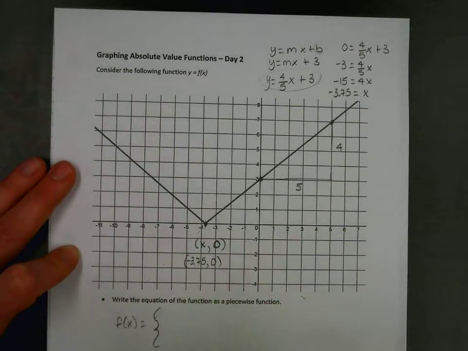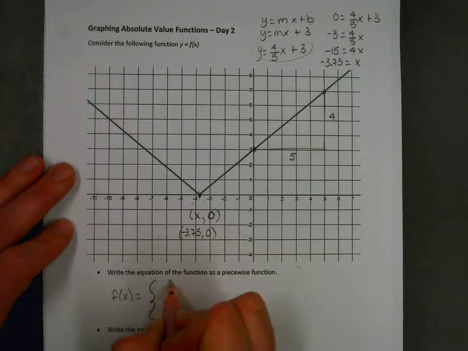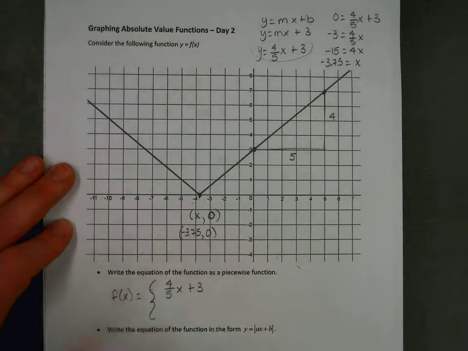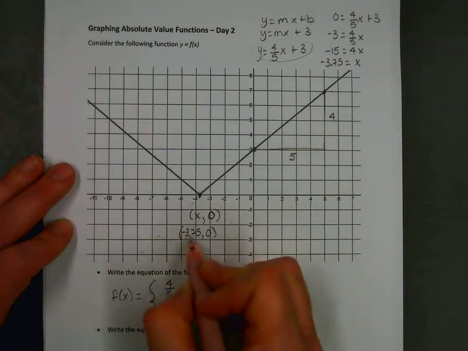My first equation is positive 4/5 x plus 3, comma. Now I'm going to restrict the domain of this function to be x has to be greater than or equal to negative 3.75.